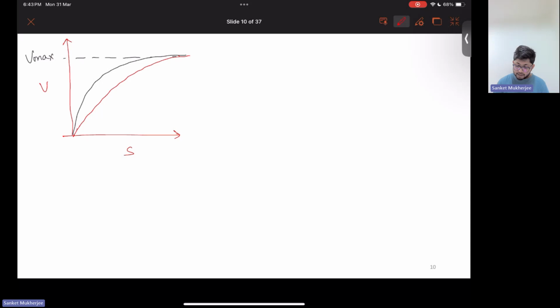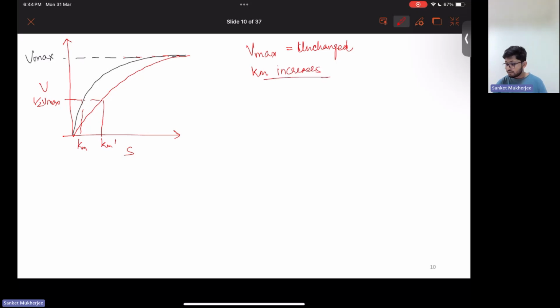So the Vmax remains the same. However, if we look at the half Vmax value, which is Km, that changes. So if this is Km and this is Km dash. What we usually see is that Vmax remains unchanged, whereas Km increases in case of competitive inhibition, right? This is in case of competitive inhibition.